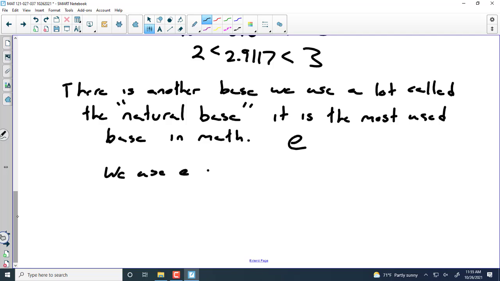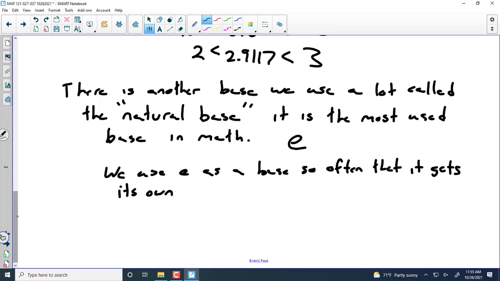We use E as a base so often that it gets its own notation when we use it in a logarithm.